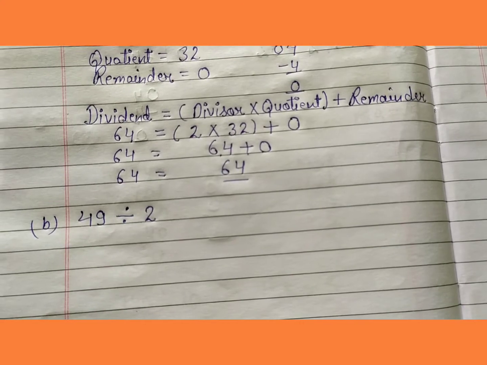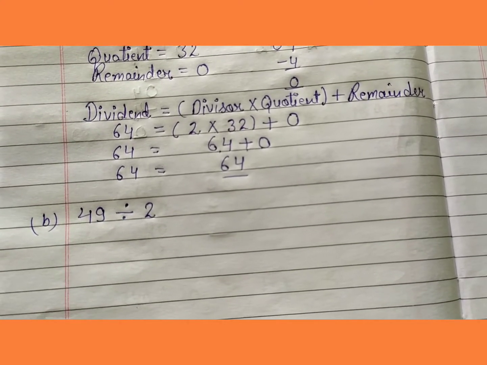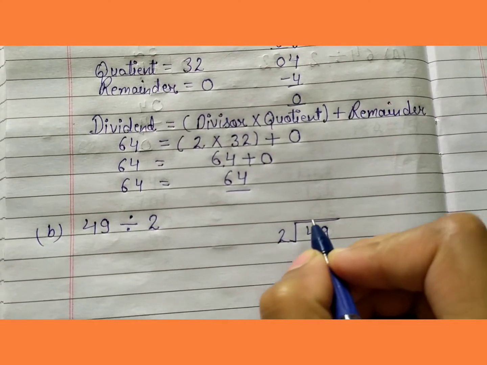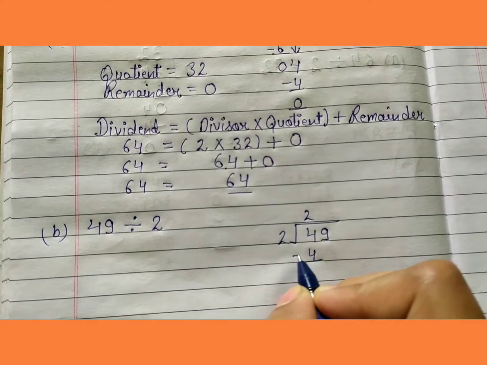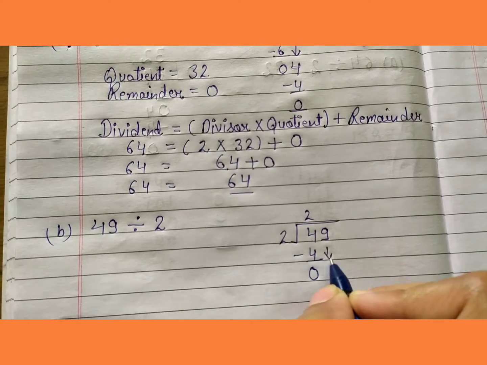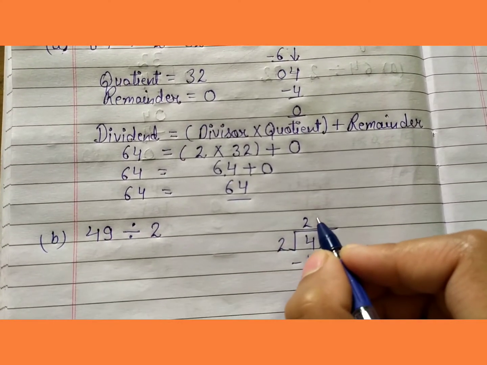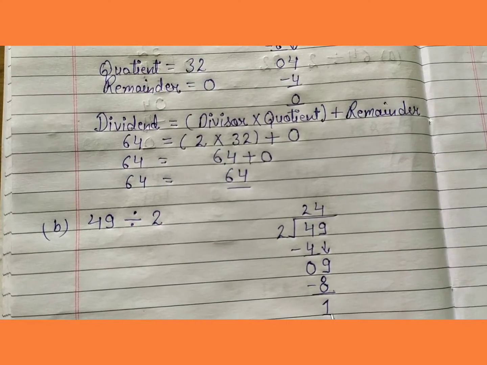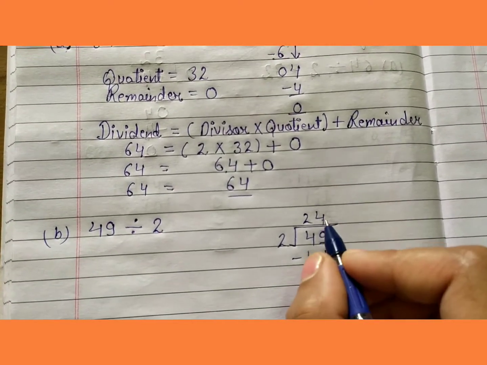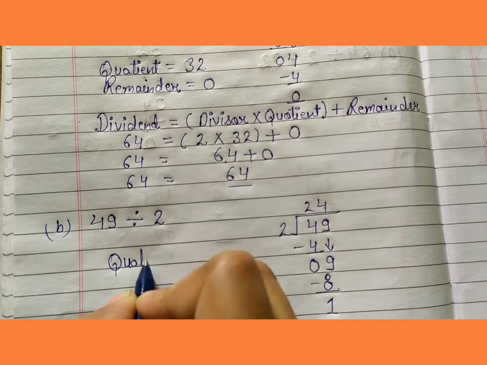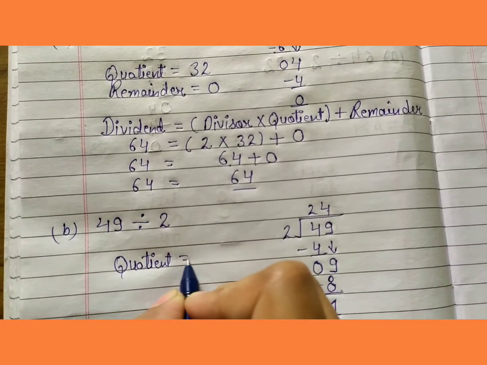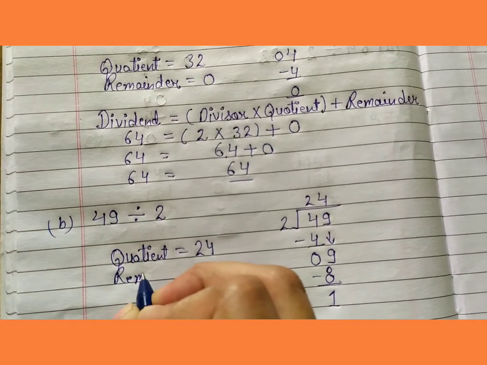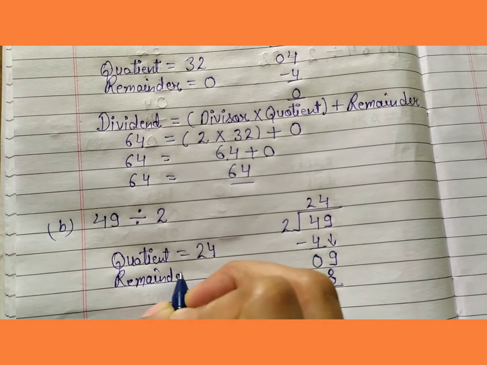Okay children. Next question is 49 divided by 2. 2 2s are 4. 4 minus 4 equal to 0. Write 9. 2 4s are 8. 9 minus 8 equal to 1. Your answer is 24. It is called quotient. Quotient is 24. And your remainder is 1.